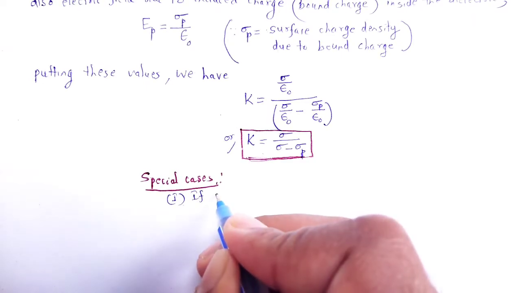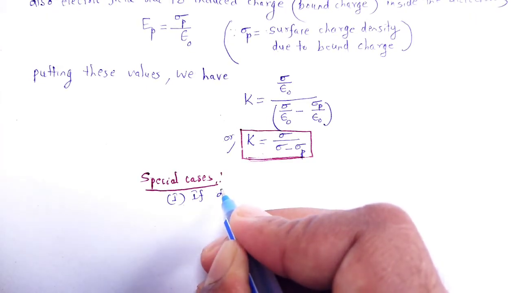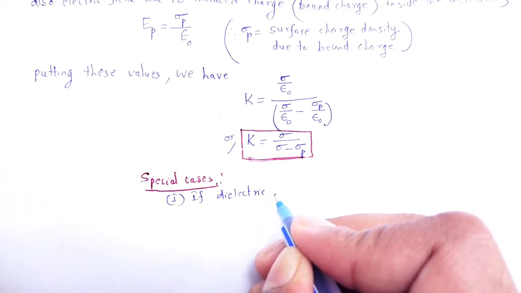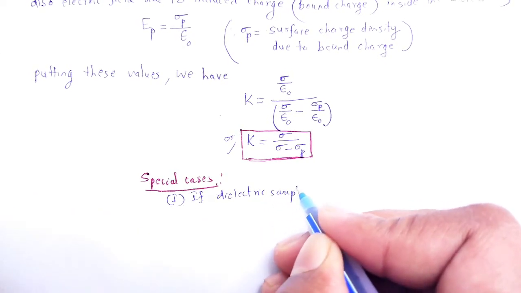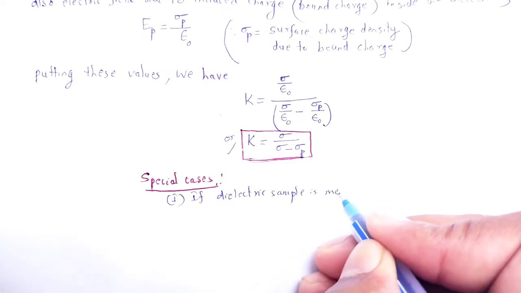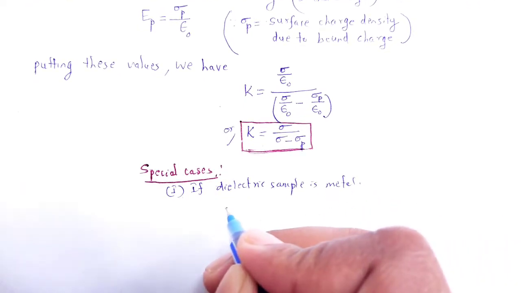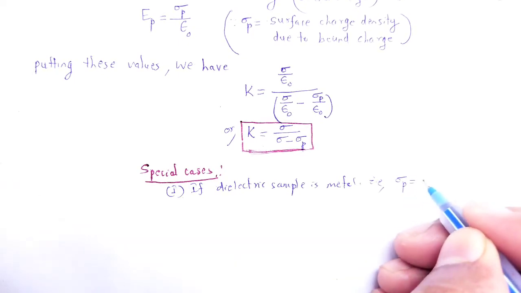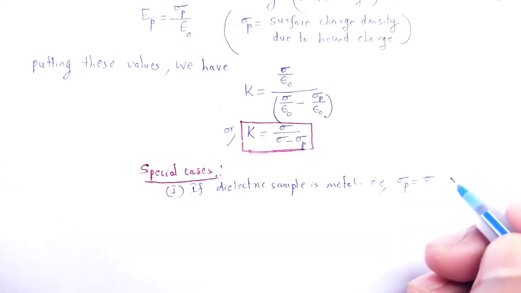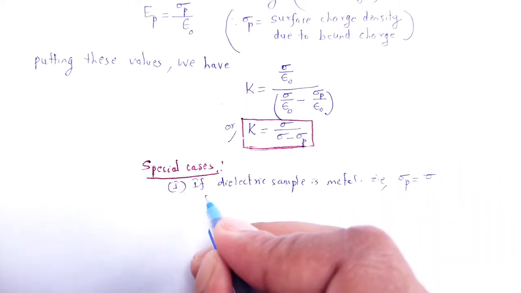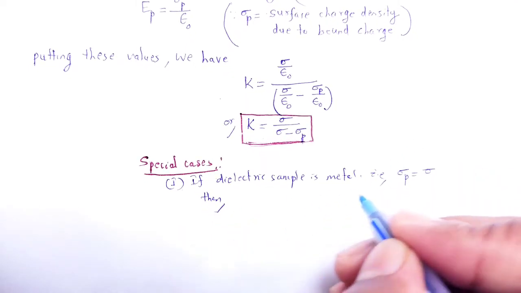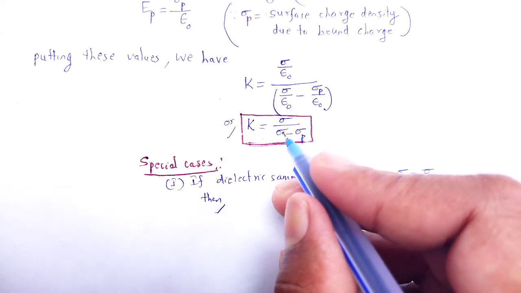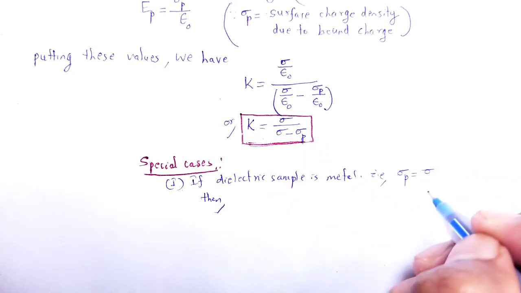If the dielectric sample is metal, for metal sigma P is equal to sigma, that will be the same as the surface charge density due to free charge.